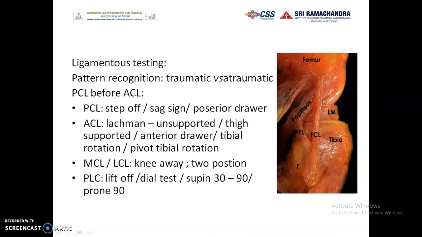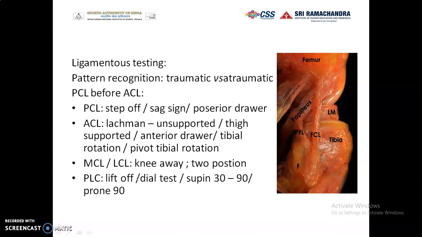Is it traumatic or atraumatic, or did you play? Or most of the people, they say like, I was just walking, so I slipped and then I fell down with a rotated knee. So the ligament injuries can happen in both traumatic as well as atraumatic injury.